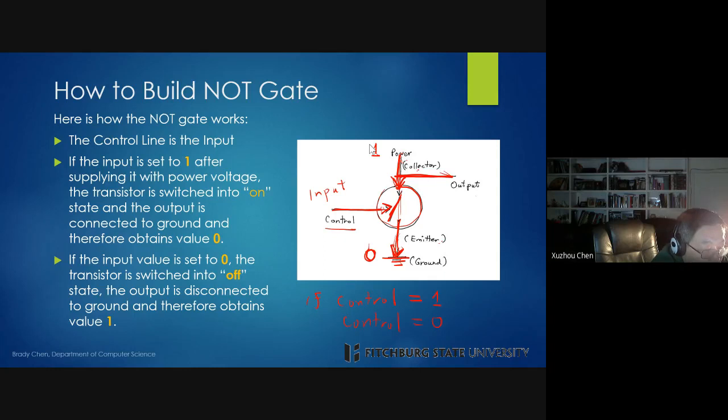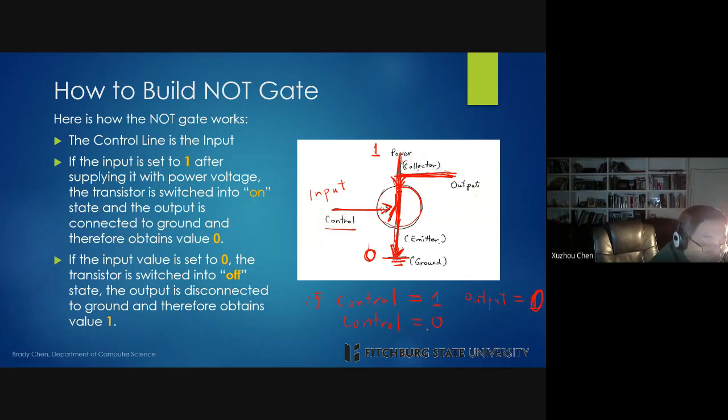So what does that mean? If the control is 1, you connect this together, so the whole thing is grounded, right? So the output is going to be 0, because the whole thing is grounded.